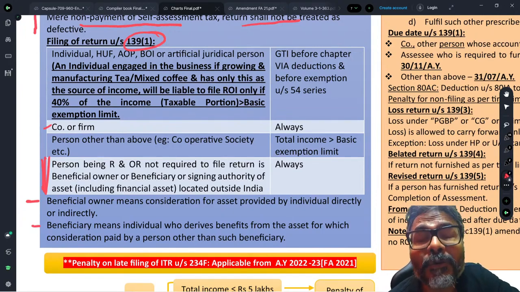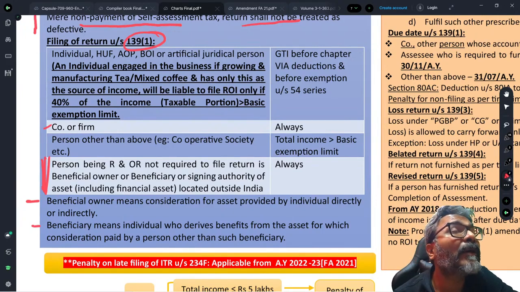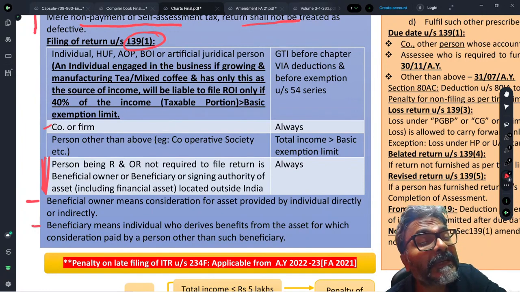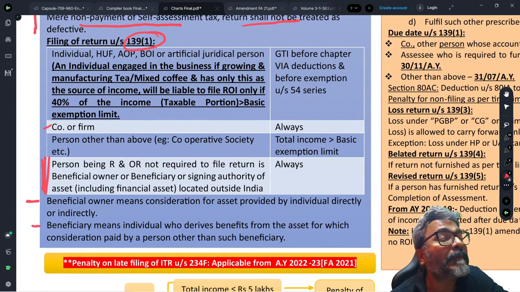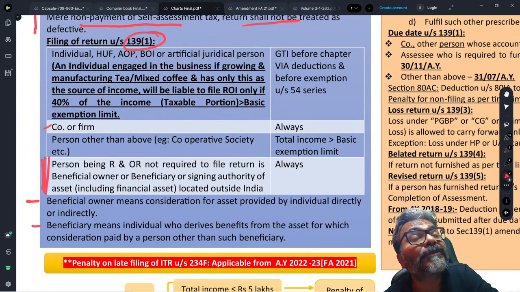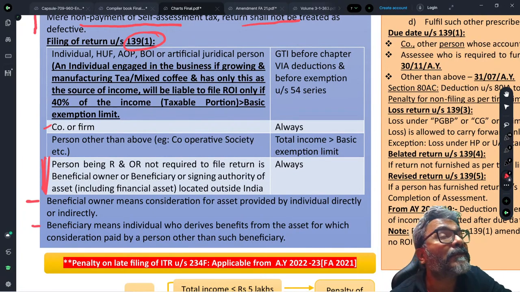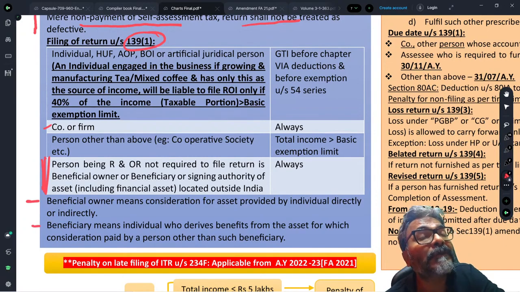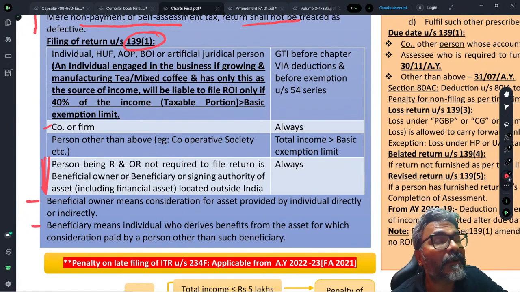So what we now do is use the medium of a trust. A trust gets opened up in the foreign country, the trustee is a local of that country, and we either become the beneficiary of the asset which we transfer to that trust, or we are the beneficial owner of the asset. If such is the arrangement, then being a resident and ordinary resident, will we be required to file the ROI?